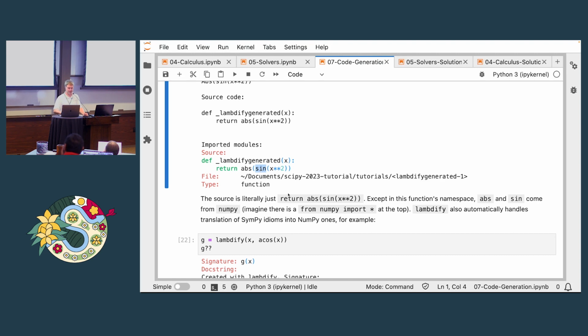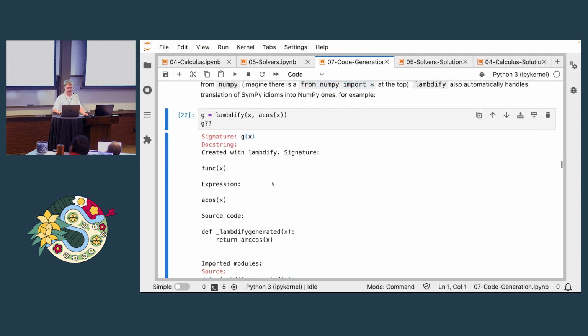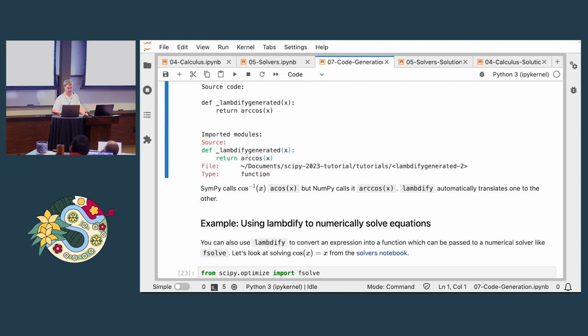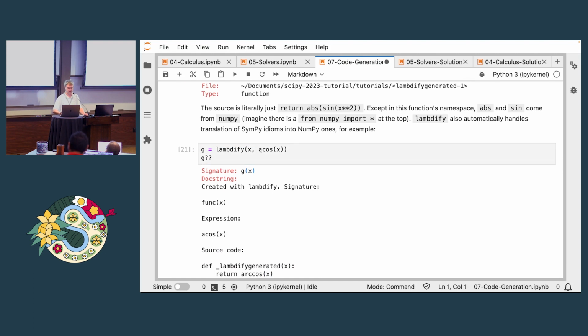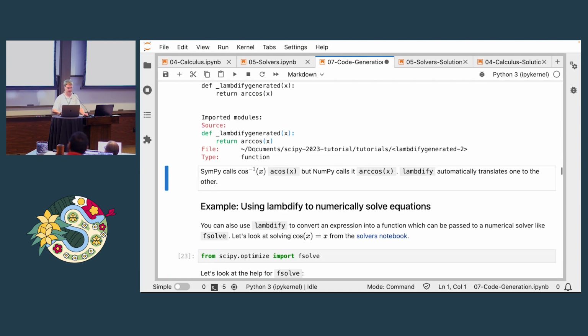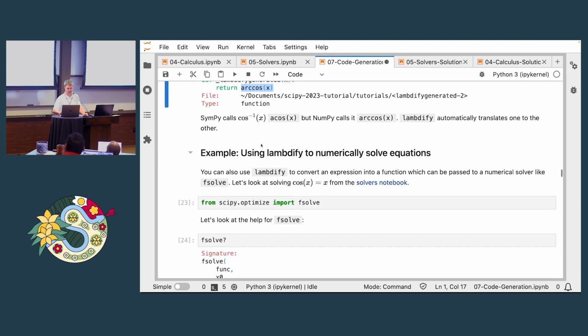It's almost as if there's a from numpy import star at the top of this function. Lambdify will also sometimes translate things from SymPy to NumPy. For example, in SymPy the arc cosine is spelled acos, but in NumPy it's spelled arccos, and you can see it's translated that in the source code.